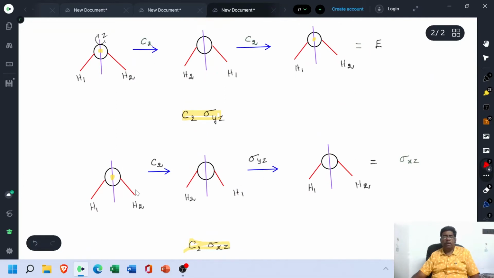Therefore, a water molecule is initially subjected to C2, then the arrived molecule is once again subjected to the sigma YZ operation. As a result of this, the finally obtained molecule is in sigma XZ form. So C2 into sigma YZ is our sigma XZ.